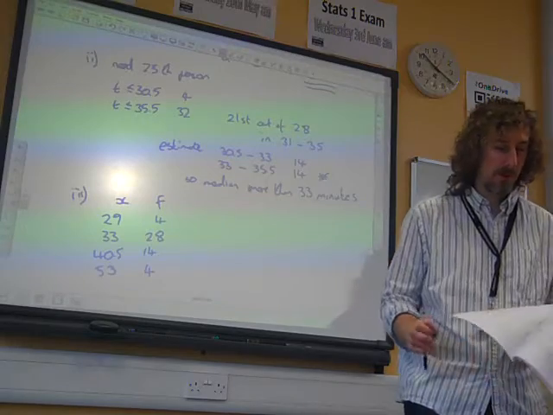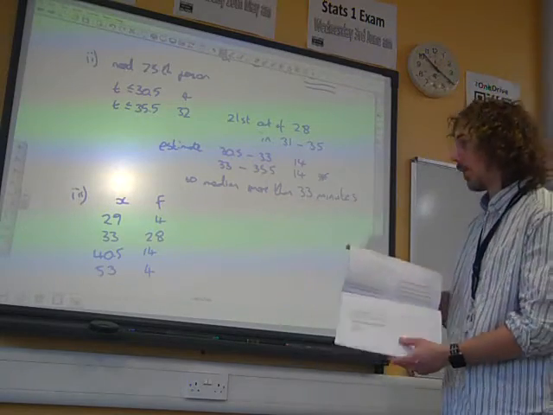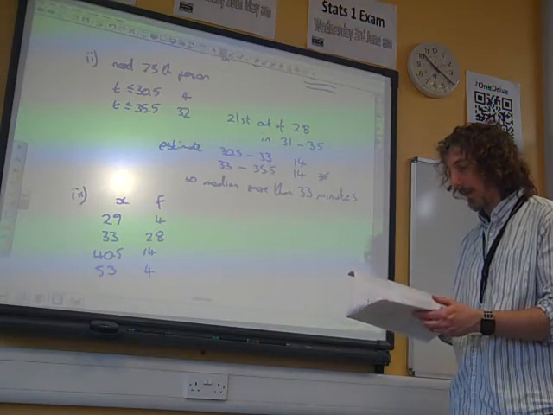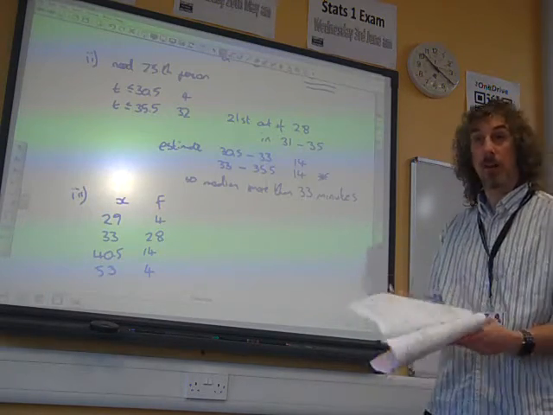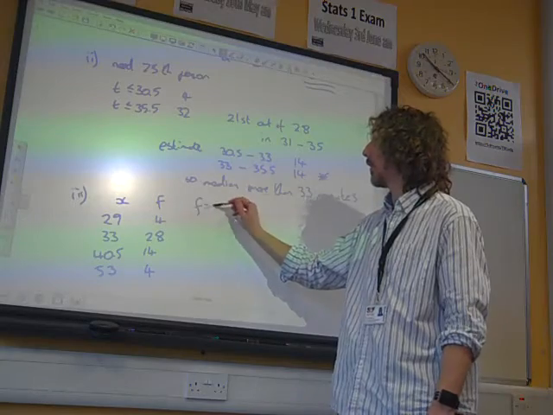So we've taken our midpoints of each of the groups and worked out our frequencies. So the job now is to work out the fx and the fx squared columns.